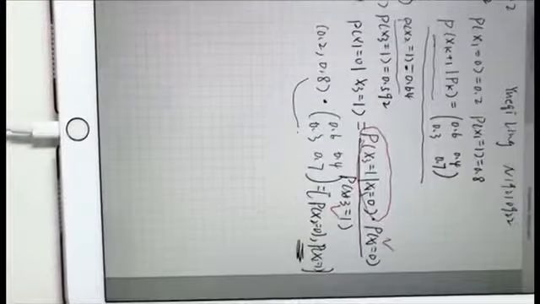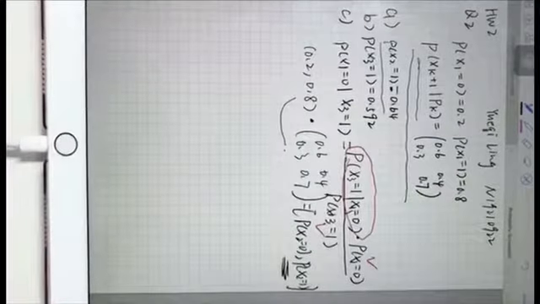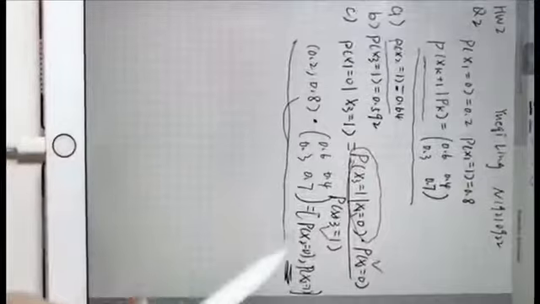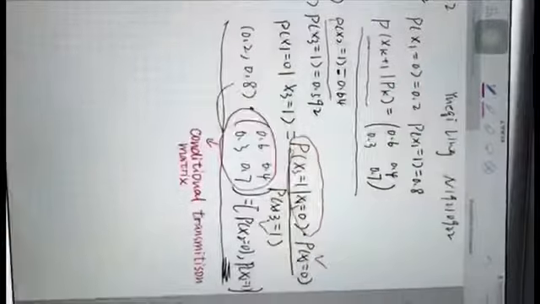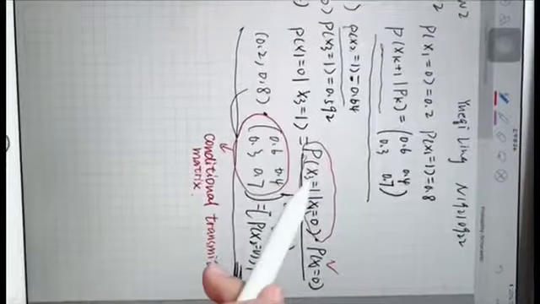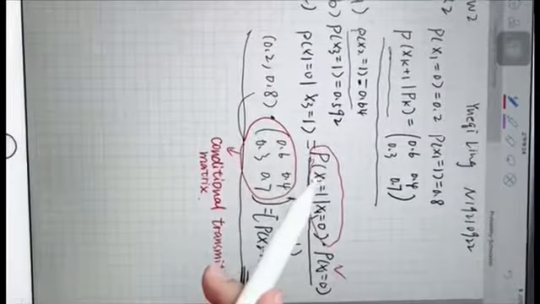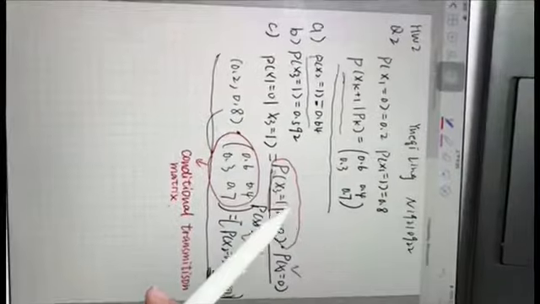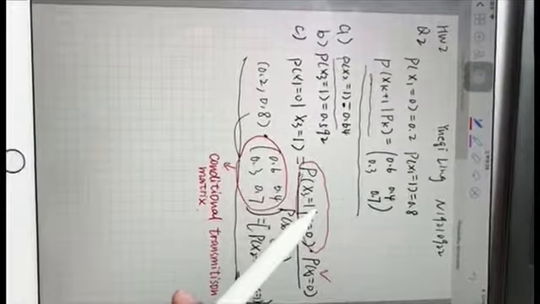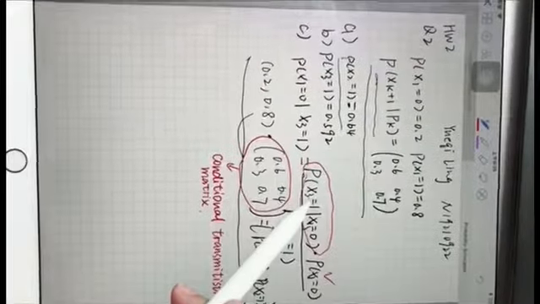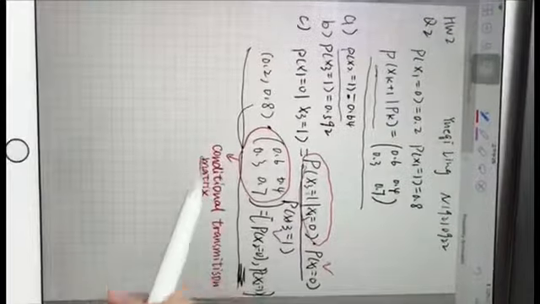This is what we need to find in question A, and this is actually what we do there. And now what we need to get is this one, and this is also a conditional probability. We can get this from its conditional transmission matrix like this one.